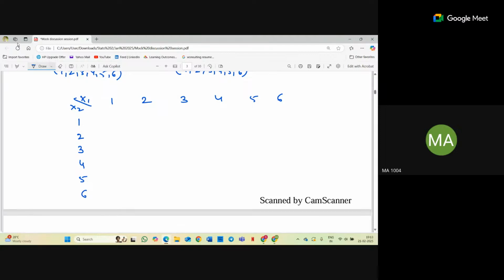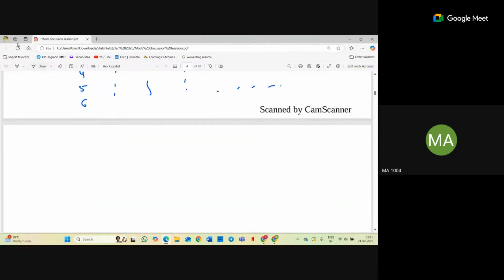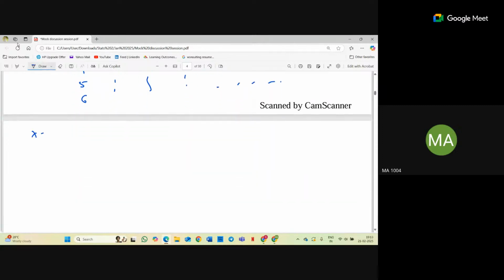The probabilities will be 1 by 36, 1 by 36, 1 by 36 for each cell. Now X is equal to the maximum of X1 comma X2, so my X can take values 1, 2, 3, 4, 5, and 6, correct?